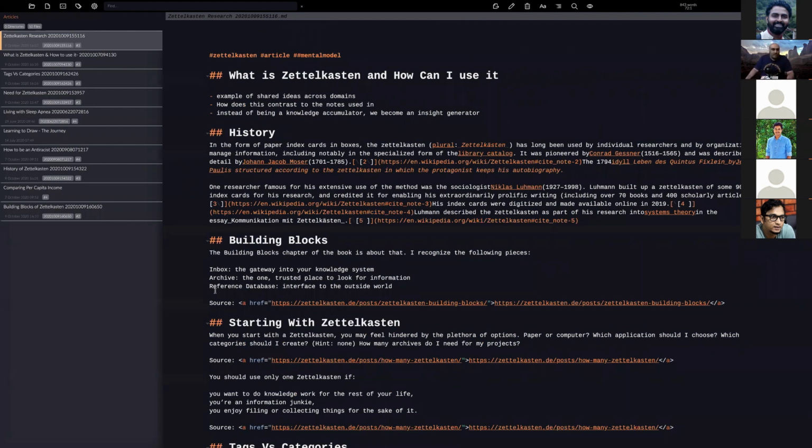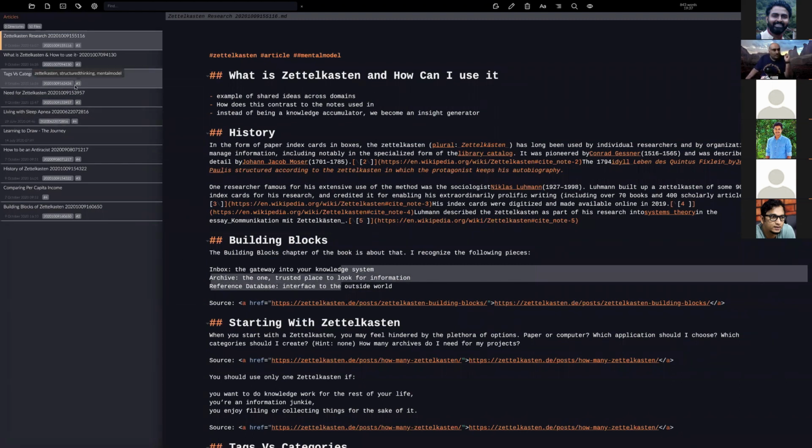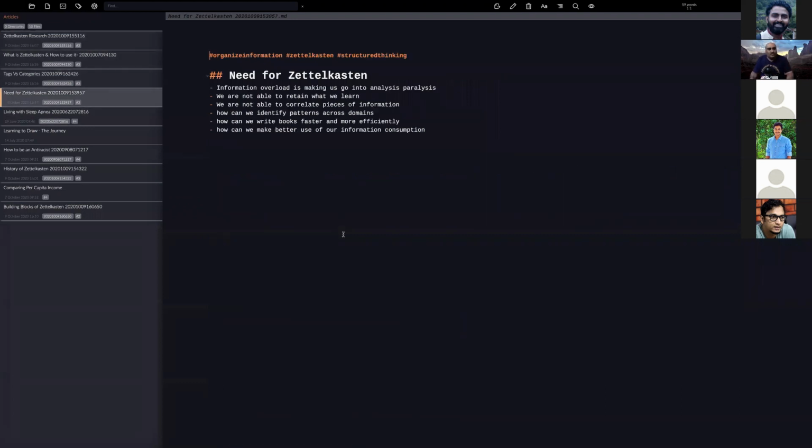Now, what I started doing after this is I wanted to break it down into smaller components. So what I did was, for example, I had something like this, a permanent note. Now I named it poorly, I called it needs for Zettelkasten. Actually, this should have been called need for information organization.